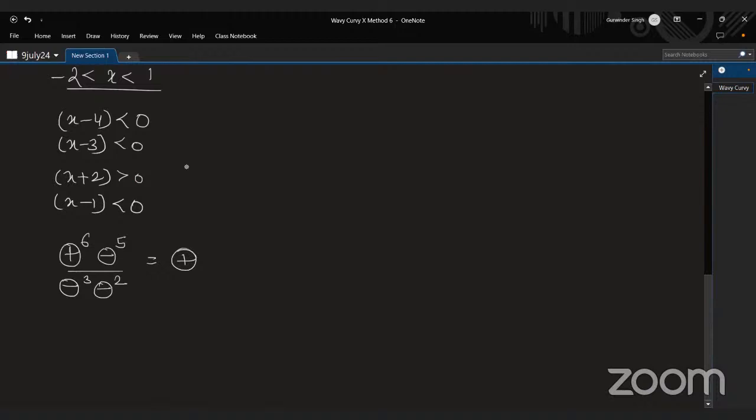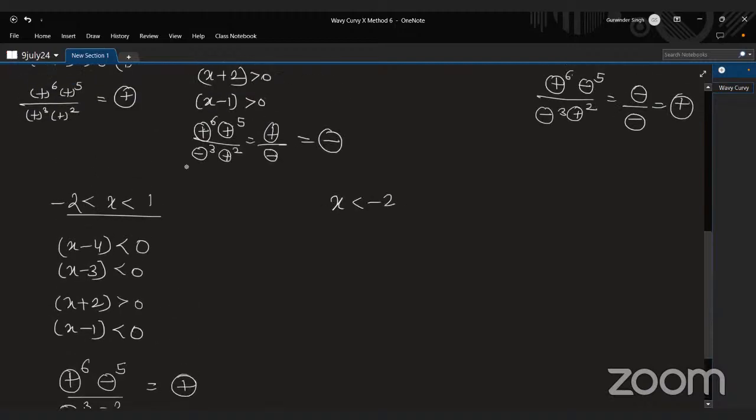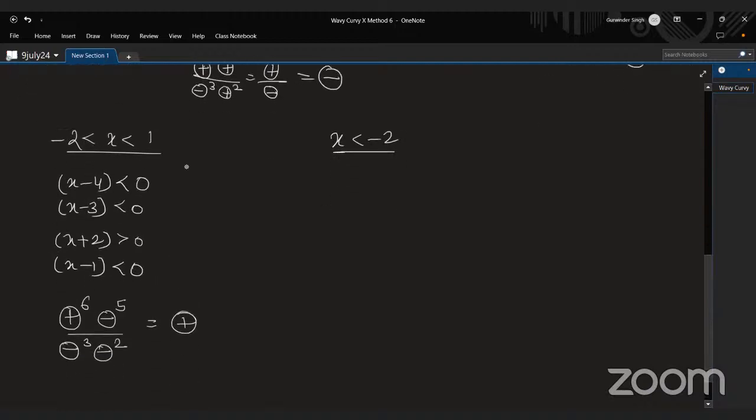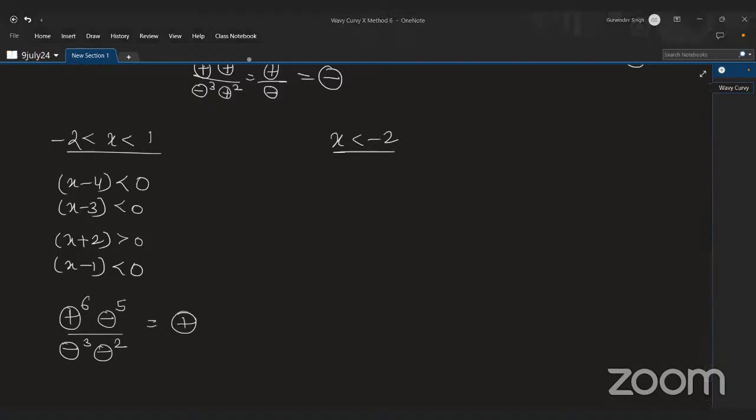Similarly, if we check for x less than minus 2, do you have a doubt? Sir, down there both are negative. If one is negative and one positive it becomes negative, but both are negative, won't it become positive? Which one are you talking about?